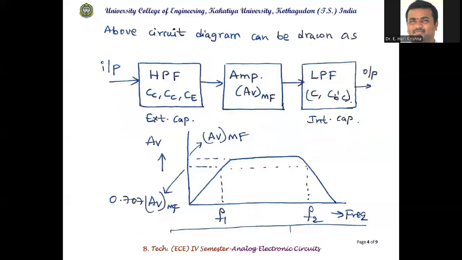The above circuit diagram can be simplified and seen as a high pass filter because of the external capacitors CC, CC, and CE. The overall amplifier has the mid-frequency voltage gain AV mid-frequency, and the low pass filter action is because of the internal capacitors C and CB-C.